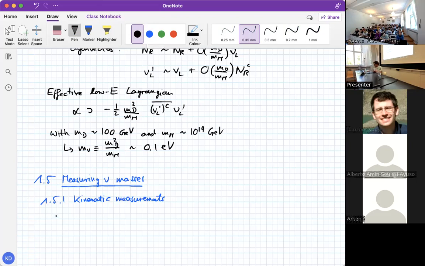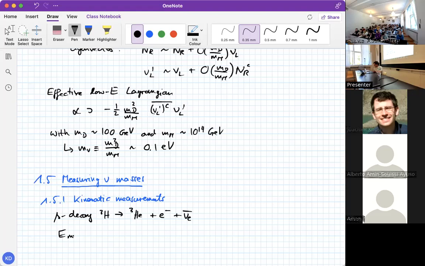So the way this is done is looking at neutrinos from the beta decay of tritium into helium-3 plus an electron plus an electron antineutrino.